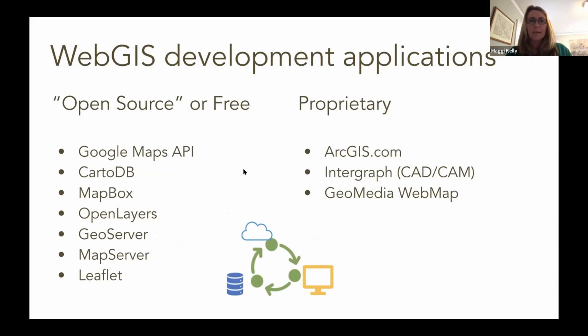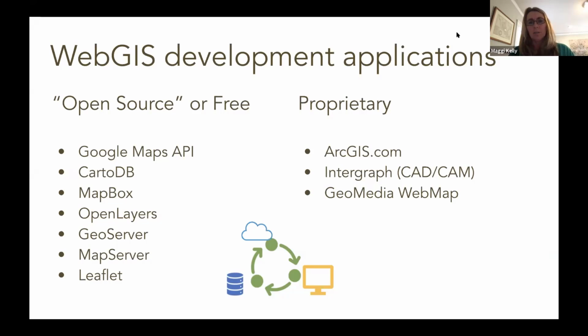WebGIS can be open source and free, and it can also be proprietary. So there's a lot of open source or freely available tools out there: Google Maps API, CartoDB, Mapbox, OpenLayers. Some of you have heard of some of these, I'm sure. And then there are proprietary sources. These are sources where you have to pay for a license or pay for some kind of software subscription.